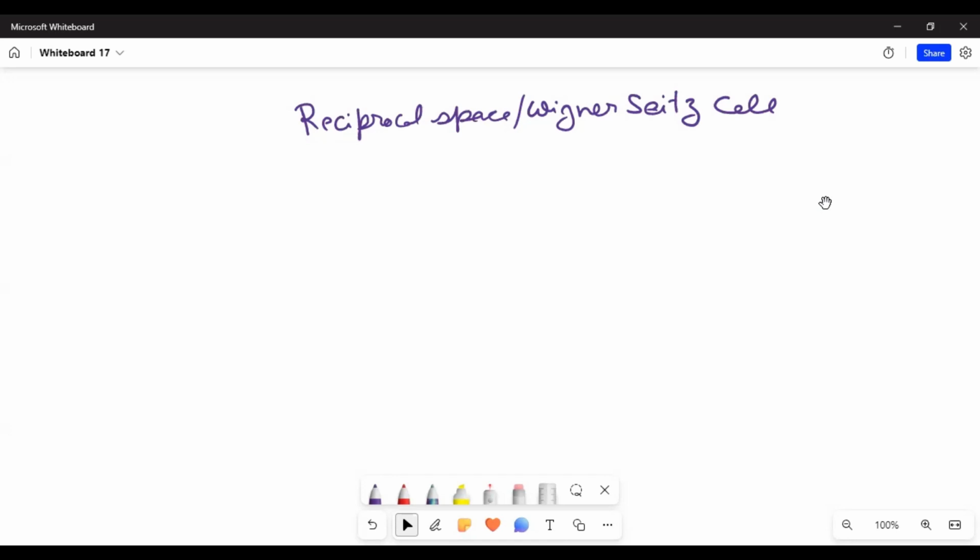Today's lecture we are going to discuss the reciprocal space and Wigner-Seitz cells, and the relationship between energy E and wave vector k, which was E equal to h bar square k square upon 2m.